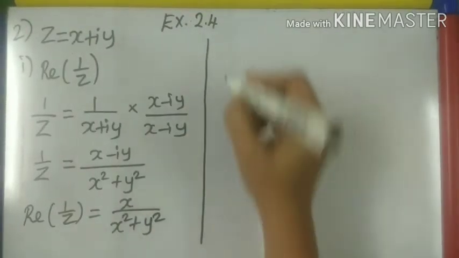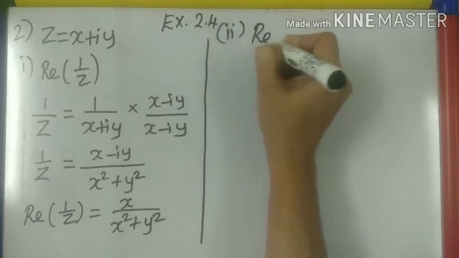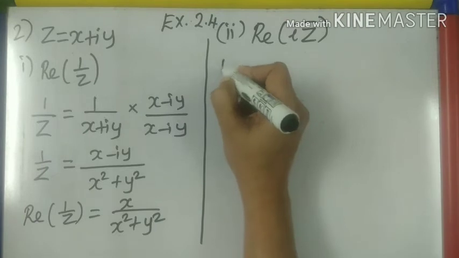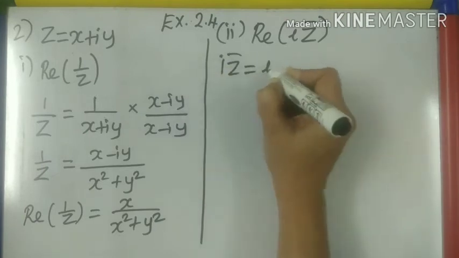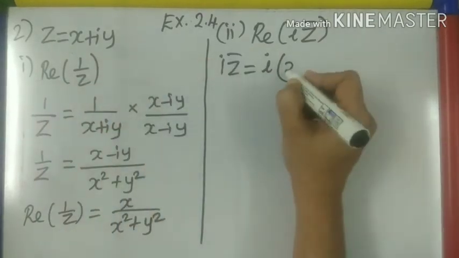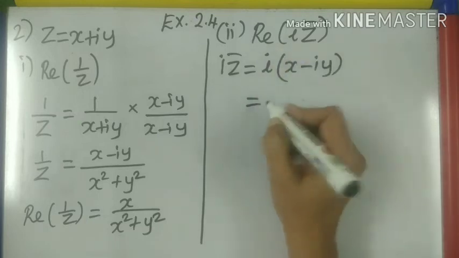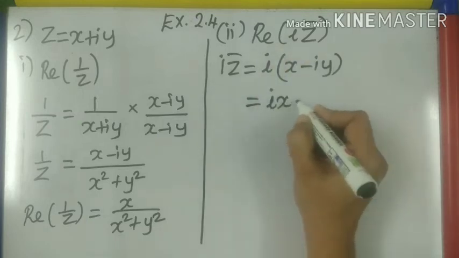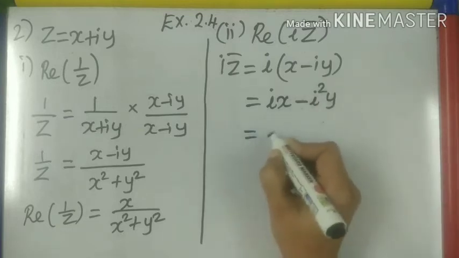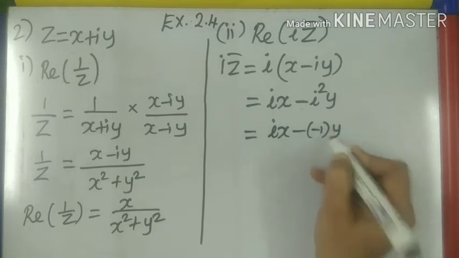We have the second subsection. Real part of i Z bar. What is i Z bar? i as it is. Z bar means conjugate. So I will write X minus iY. Multiply with i now. iX minus i into i square Y. Let us remember i square is minus 1.